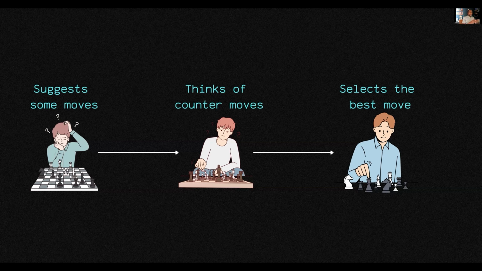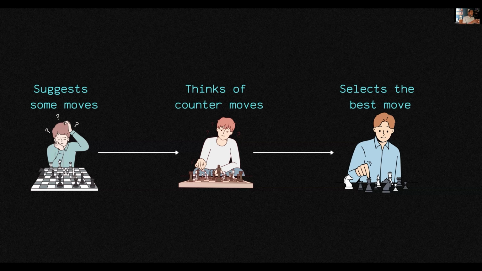Now, how I thought to overcome this was to use some kind of prompting. So I wanted to test out, okay, if we string some agents together, would it actually be able to overcome that issue to an extent? What I did was I had 3 agents. The first one suggests a move.